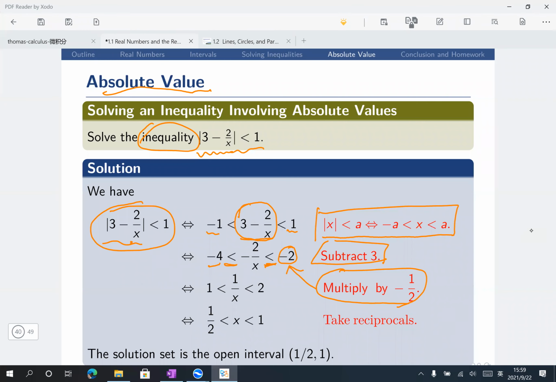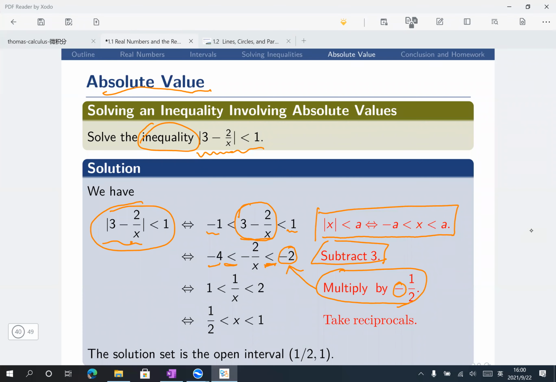If we multiply by a negative number on both sides, it will reverse the inequality, right?